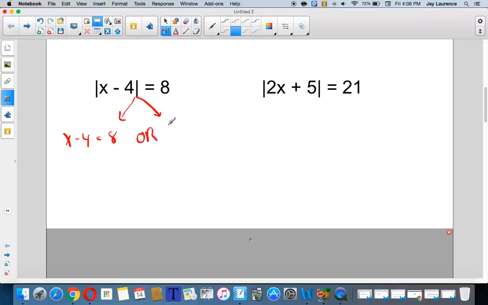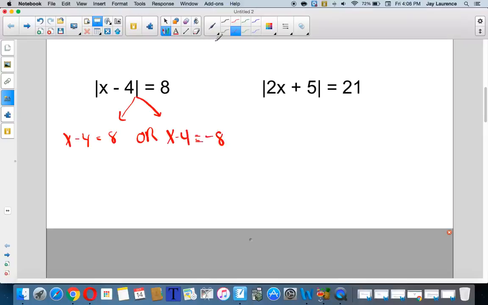Or there's going to be a second equation. This will get me the number on the other side of the center that will be 8 spaces away. Okay, I'm going to write down x minus 4 equals negative 8. Do you see that?